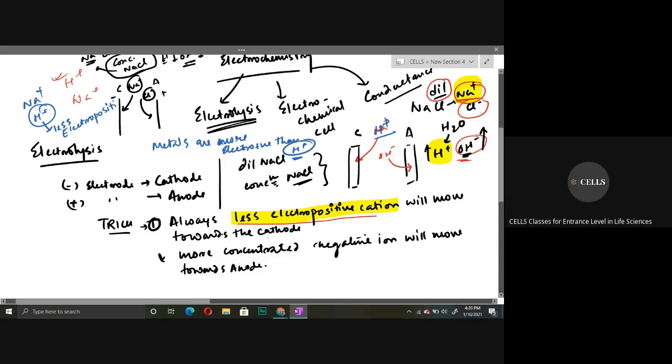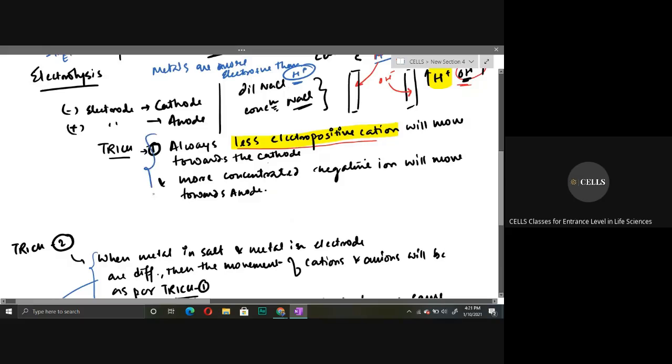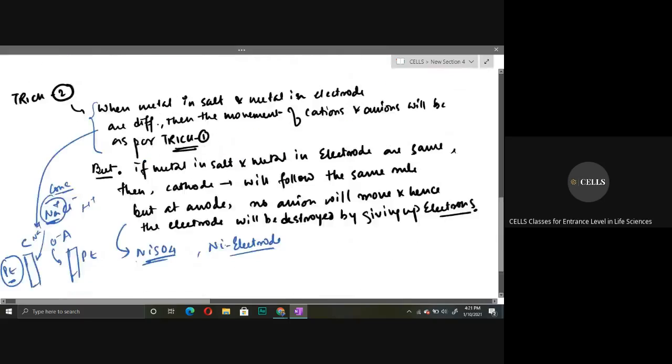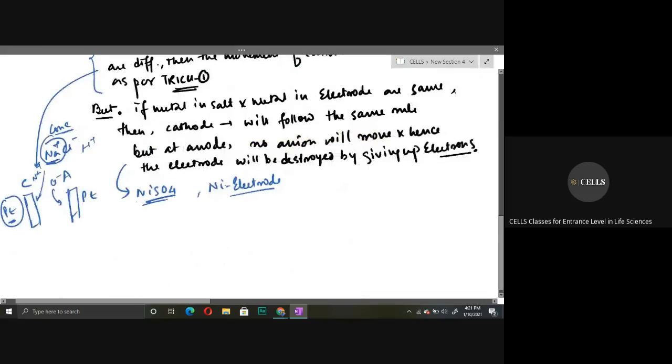So among Na plus and H plus, metals are more electropositive, so H plus will come and bind with the electrode. The trick is correct. Among Na plus and H plus, the less electropositive one will come and bind.